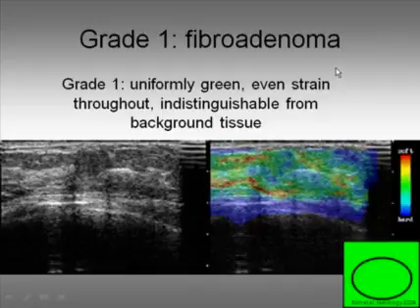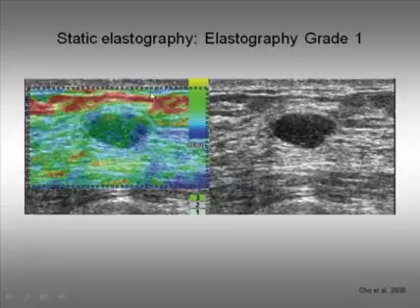This is the lowest suspicion grade for softest tissue, and in this particular case it's displaying a fibroadenoma. And the fibroadenoma itself is fairly uniformly green, same green as background breast tissue. And this is just a pictogram of what that looks like. And again, a fibroadenoma which happens to be very green, same as the green background breast tissue.